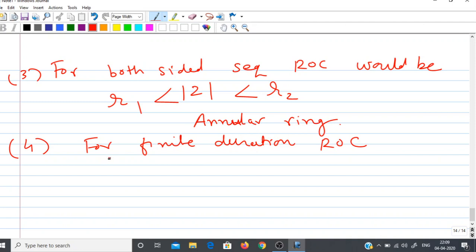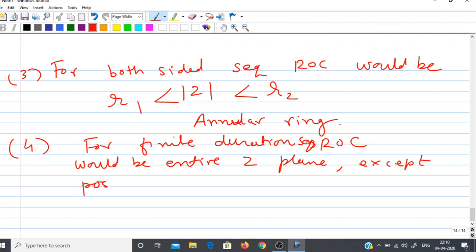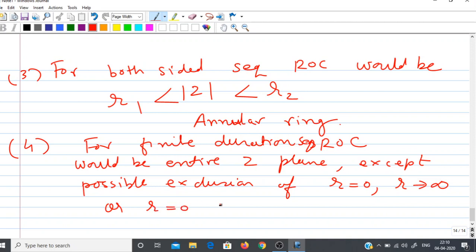For finite duration sequences, the ROC would be the entire Z plane except possible exclusion of R equals 0 or R tending to infinity, or both R equals 0 and R tending to infinity.